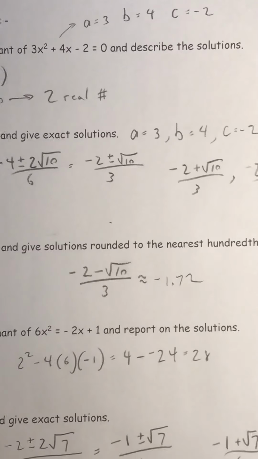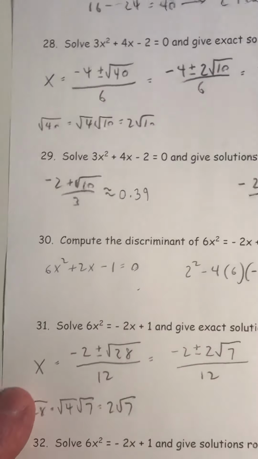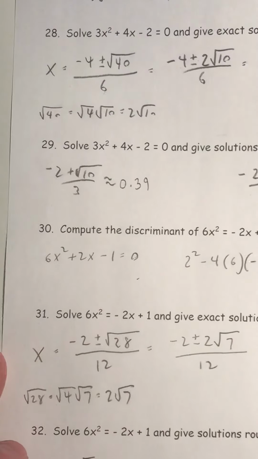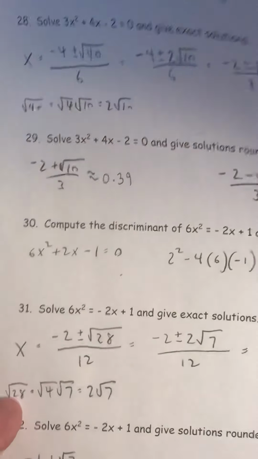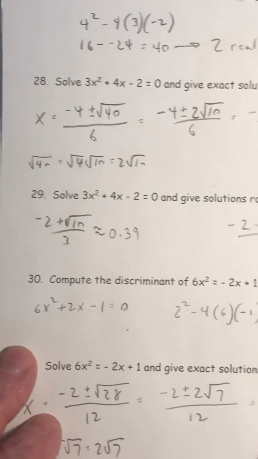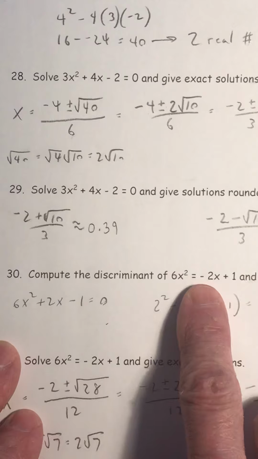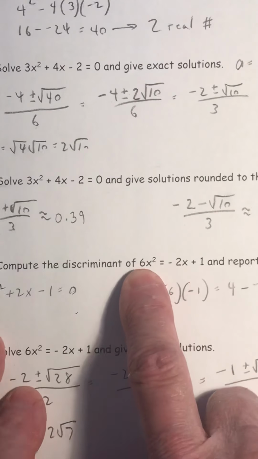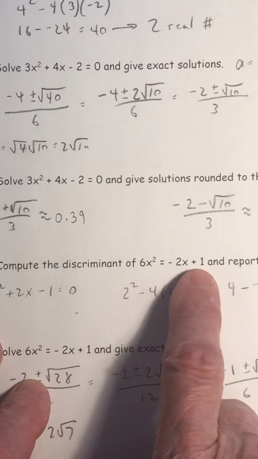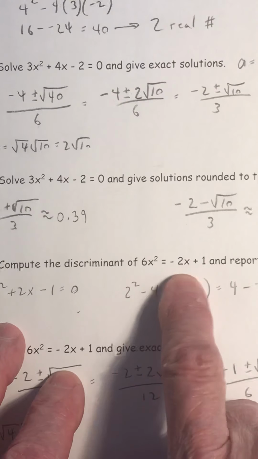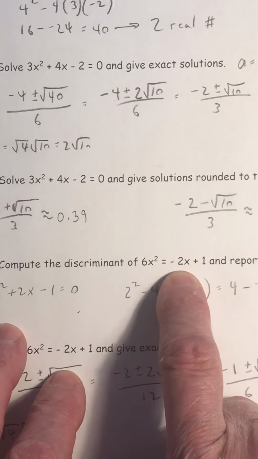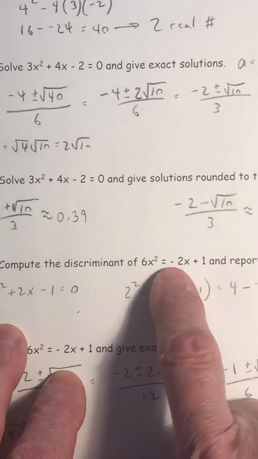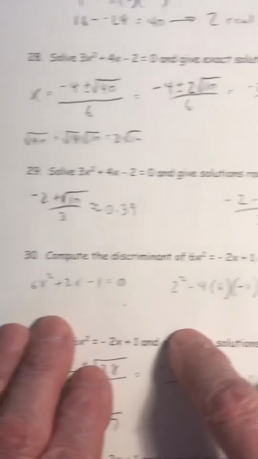Okay? And then number 30, 31, and 32 are just like 27, 28, and 29, except here, there's a little hinky thing to notice. We don't want to use 6, -2, and 1 because we don't have the 0 over here yet. Watch out for that sneaky little thing. So you got to add 2x and take away 1 from both sides.